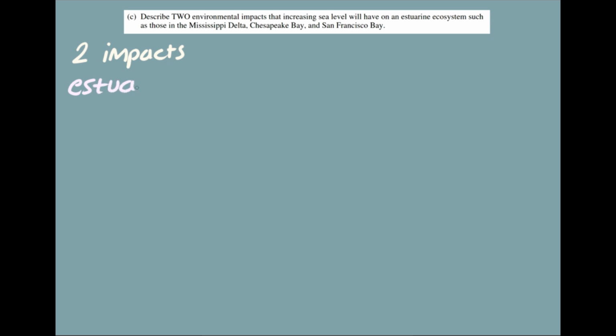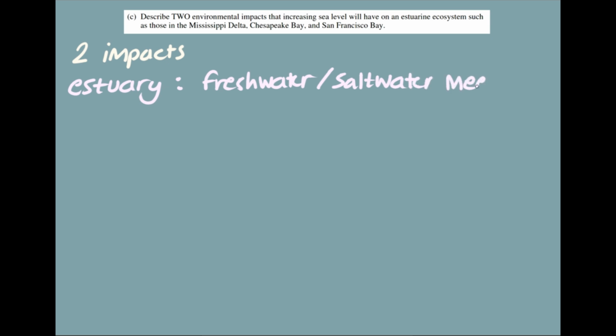So estuary. This is an environment that has both fresh water and salt water. So it's basically a place where fresh water and salt water meet.